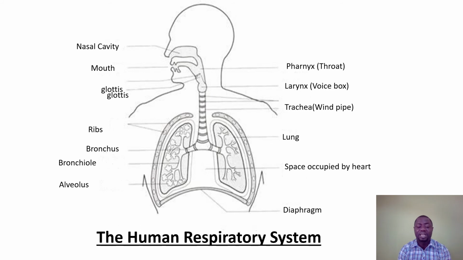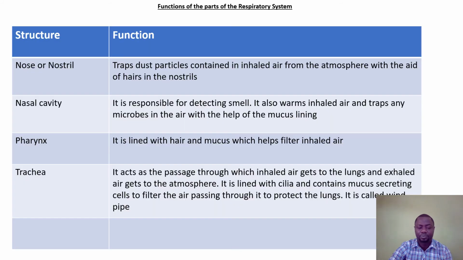So these are the parts of the human respiratory system. Take a close look at it. Try and draw it on your own and label it when you are done.